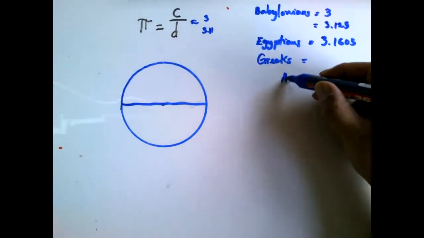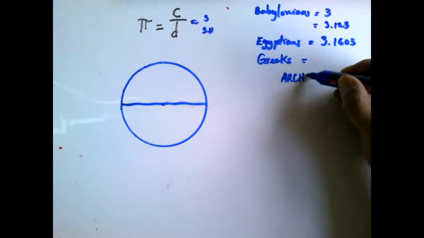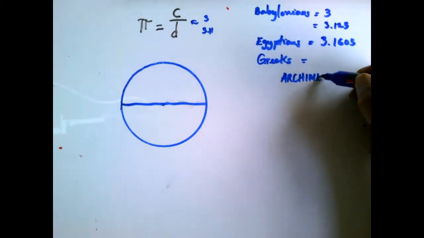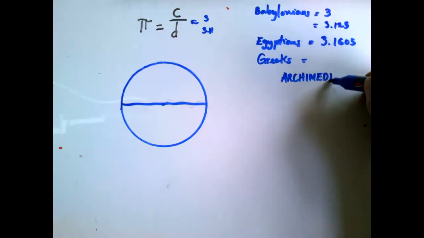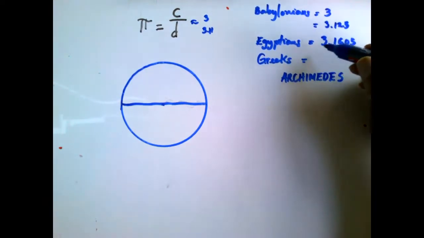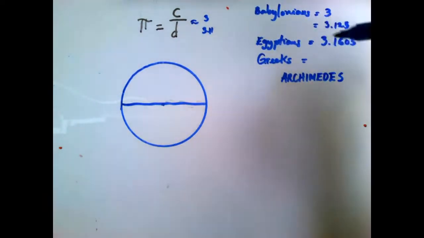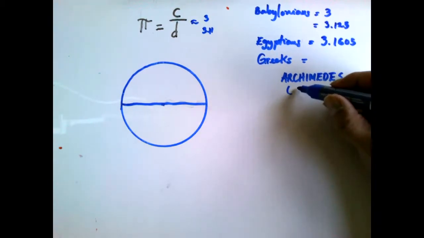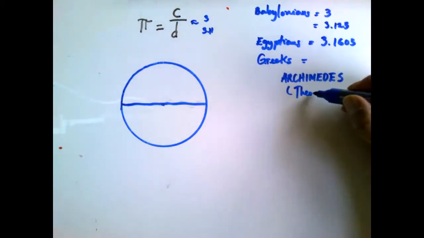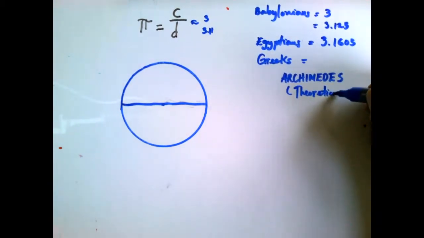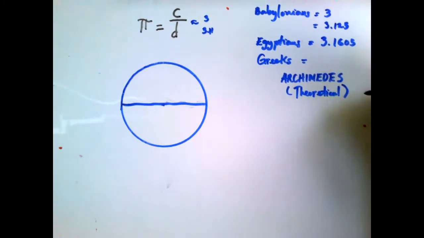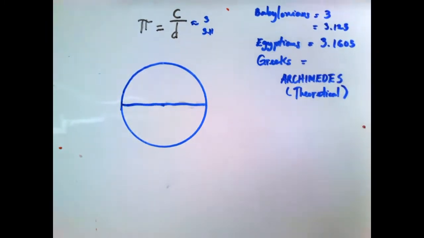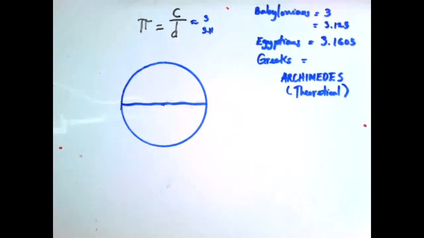So, Archimedes was really the first personality to come up with a theoretical method. See? Whereas before, there's always measurement involved. But Archimedes came up with a theoretical approach. That means there's not really any measurement, but just thinking. And that's what we're going to do today, is thinking through.